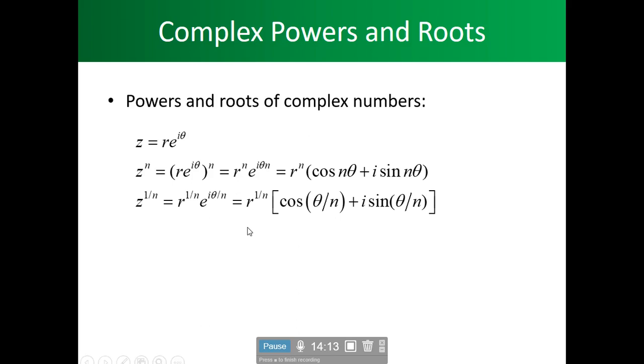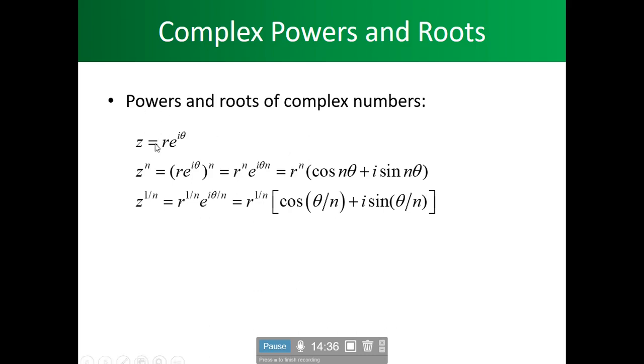As we move forward here, we will see that we have the cosine and the sine. The angles are multiplied by n, not just the absolute value raised to a specific power.